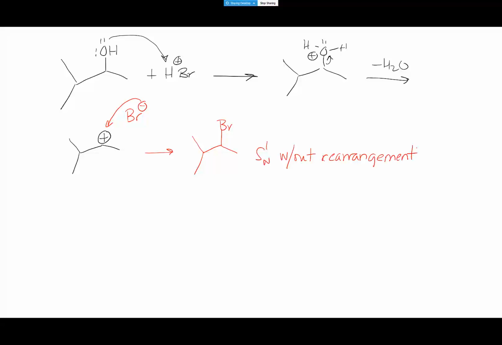I'm asking for the SN1 mechanism with rearrangement. So you have to rearrange this carbocation before you do the bromine addition. So that's what the mechanism will be with rearrangement. So what you sent me was fine for the not rearranged, but you've got to go through the steps in order to get to the carbocation and then rearrange it and then continue with the reaction.